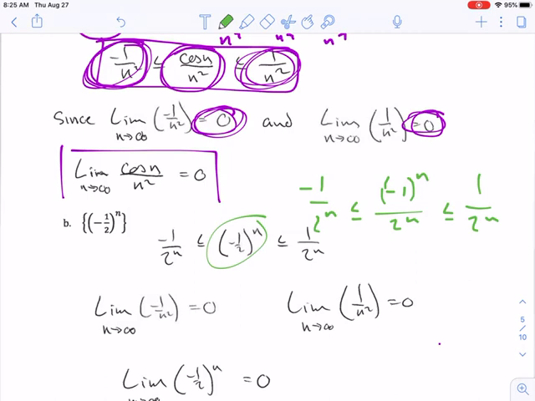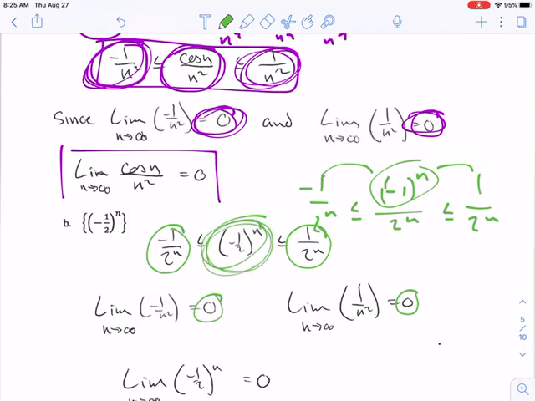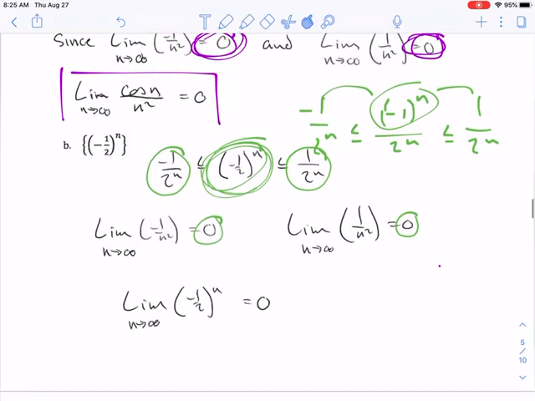Keep the denominators the same. And we know, again, the numerator here is shifting between these two numbers. All right, so once again, just like the last problem, we can show that the limit of this and the limit of this are both approaching 0. And so therefore, the sequence that we have squeezed in between the two of them is also approaching 0.